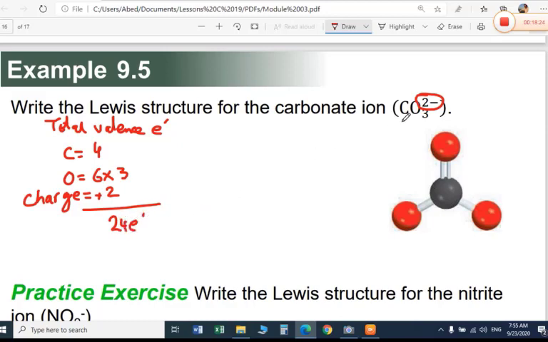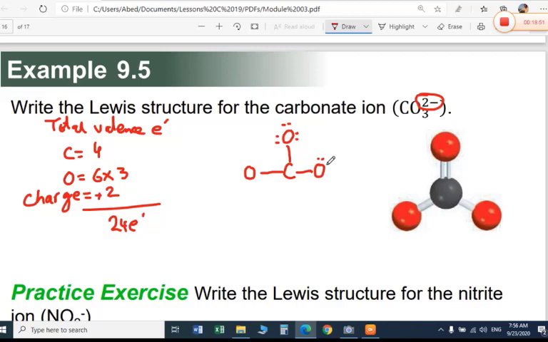Carbon is only a single atom here, so carbon in the center is smaller than the oxygen, and 3 oxygens will surround the carbon atom, with a single bond to each oxygen from the central carbon atom. Then give the octet, meaning 6 electrons outside the oxygen and 2 in the bond.